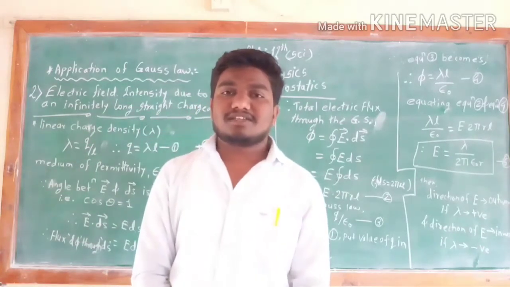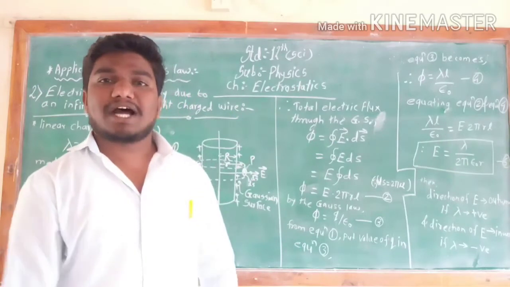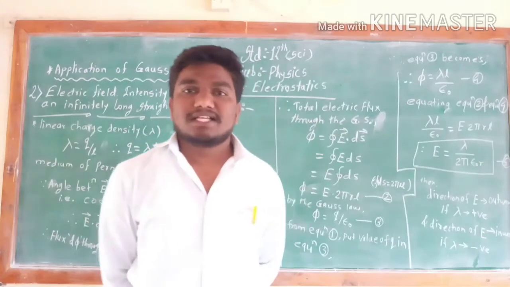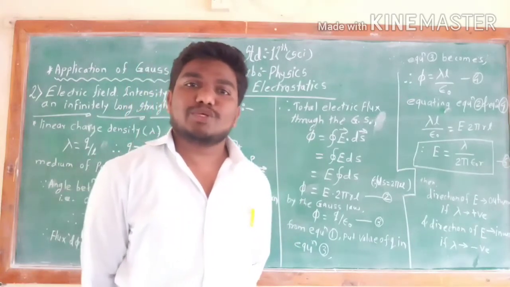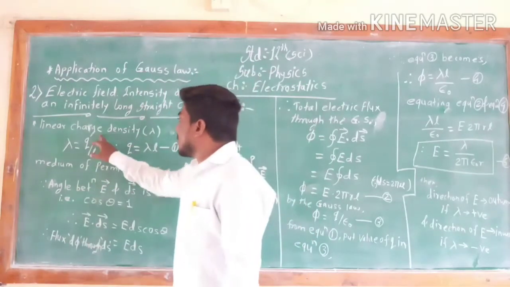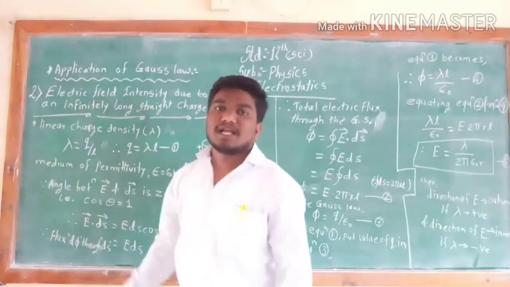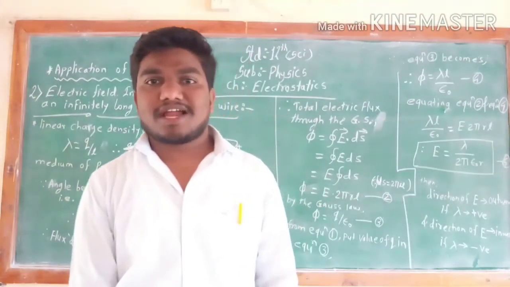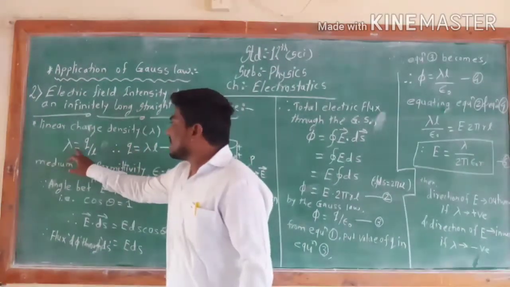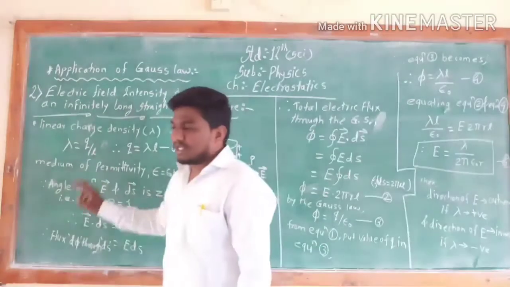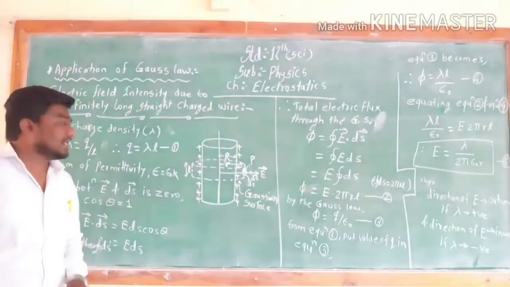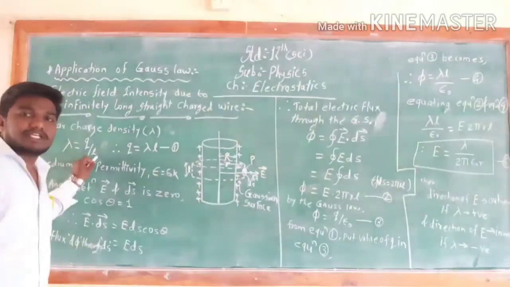At the last lecture, surface charge density is denoted by sigma. Here, linear charge density is denoted by lambda. It is charge per unit length. Therefore, lambda is equal to Q upon L, that is, charge per unit length.